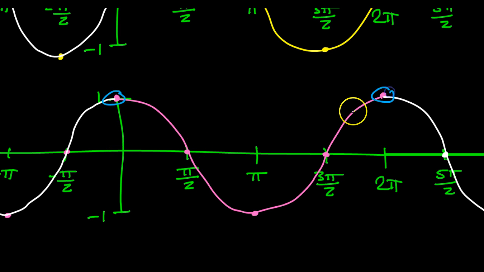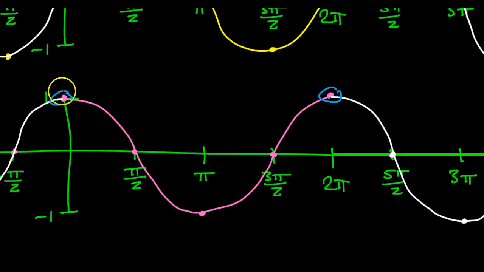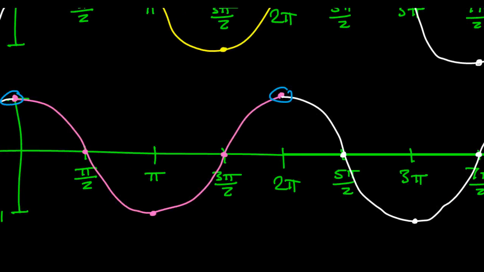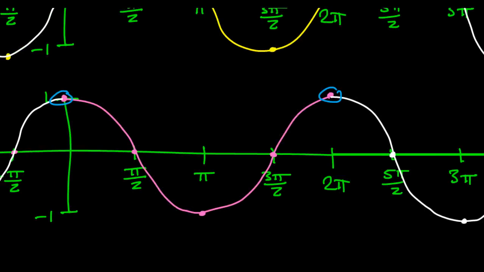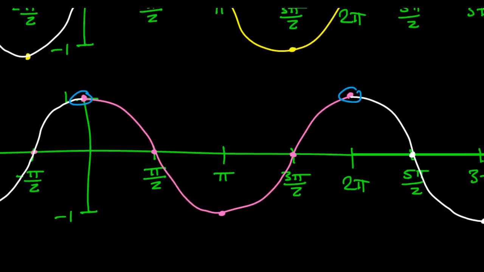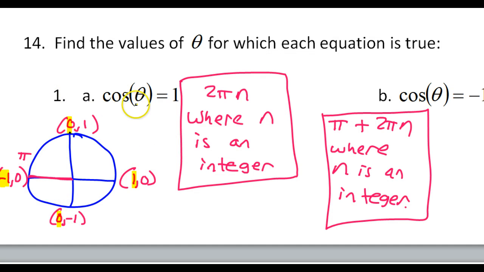And then it'll be here again at 2 pi. So you can see that it's only going to be multiples of 2 pi. So it's like 0, and then 2 pi, and then 4 pi. Okay, so that's even multiples of pi. So that gives me a second way to answer this question.